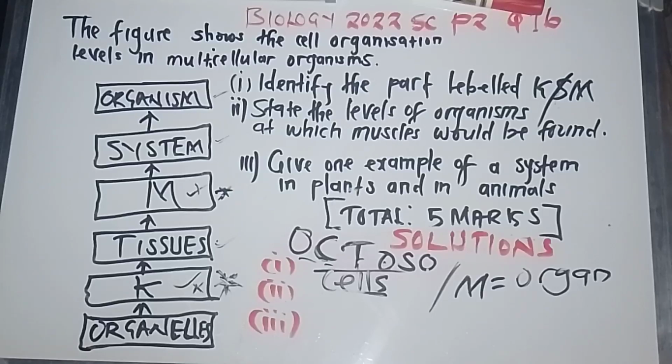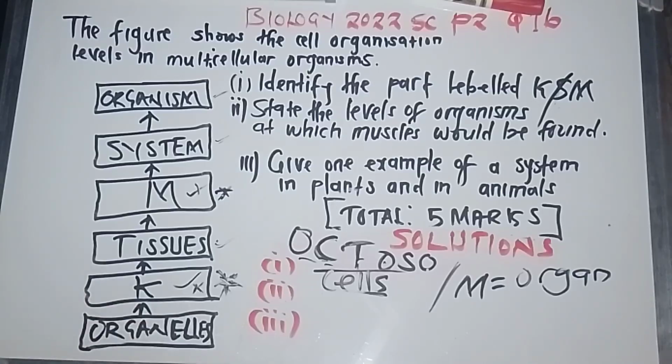When we talk of a heart, automatically it is what? An organ. When we talk of a kidney, it is an organ, and a kidney is made up of what? Different tissues. So that you need to know. When tissues gather together, they make up what is known as an organ.